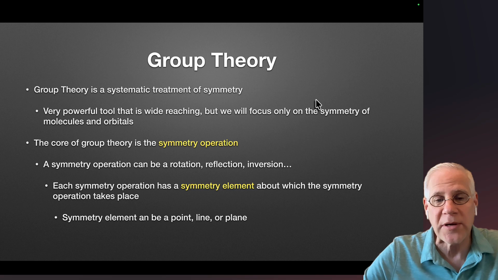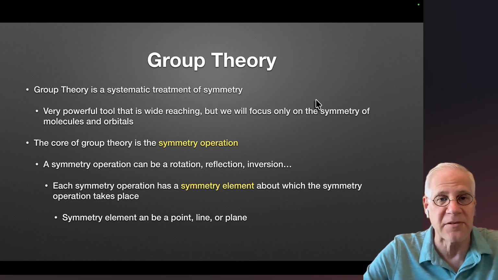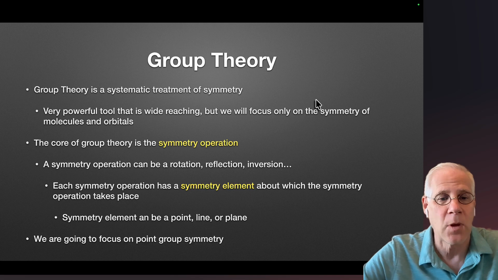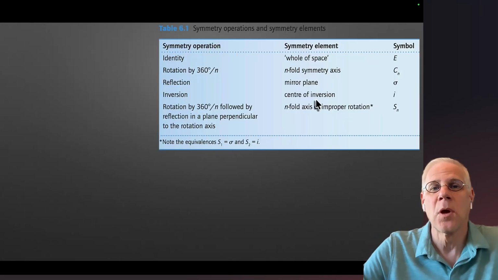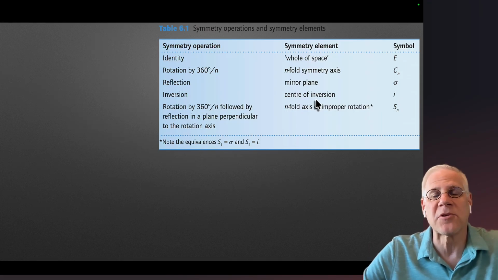So again, it can be a point, it can be a line, or a plane, and we'll see all of those aspects in action today. So again, we're going to focus on point group symmetry, but we will still have symmetry elements of points, lines, or planes. So here's just a summary of some of the symmetry operations and elements that we have.